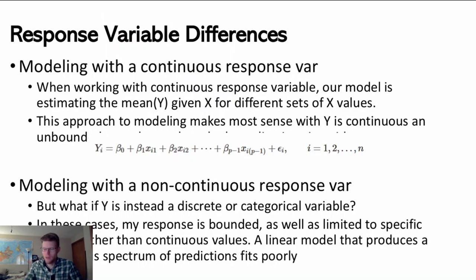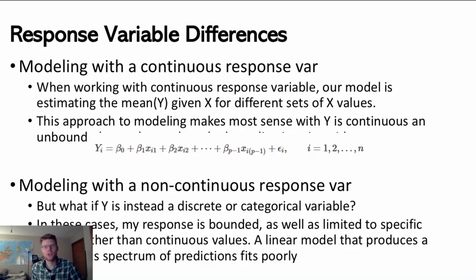So just what we see up here, when we have a continuous variable, it's unbounded. It makes sense to use some type of linear equation because a linear equation is going to predict a continuous value as our response prediction. It's going to be unbounded in either direction.